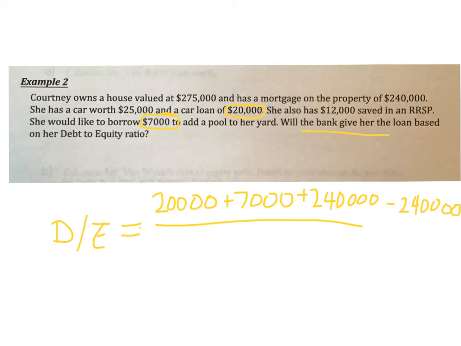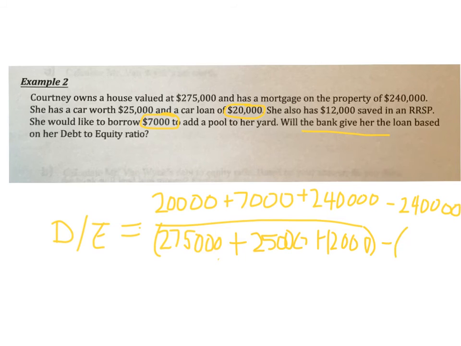Okay, and then on the bottom of the fraction, we're looking at her net worth, and her net worth is considered your assets. So her assets would be the house, so her house plus her car plus her RSPs, and then minus her liabilities.